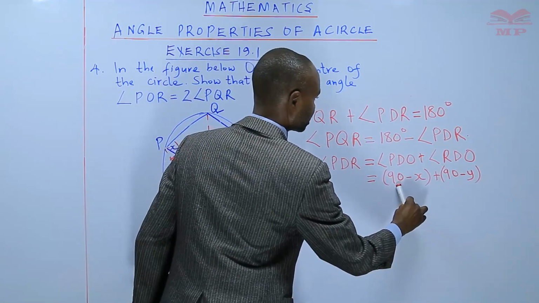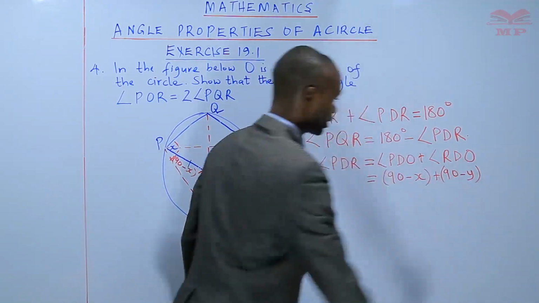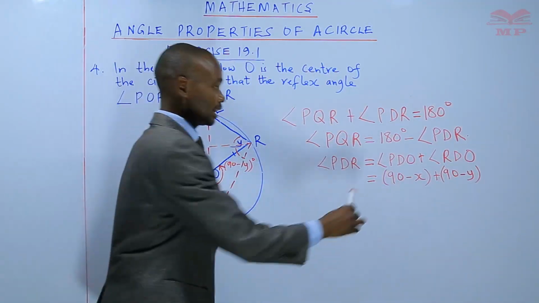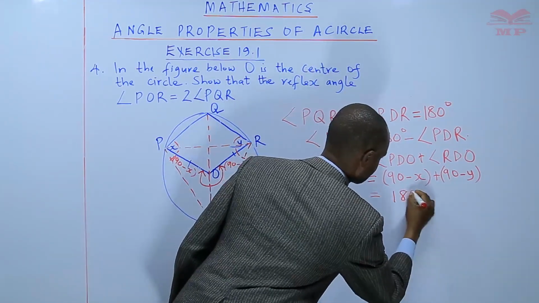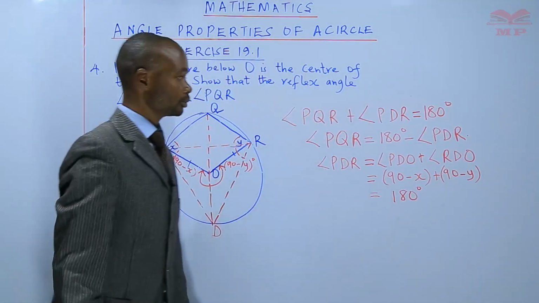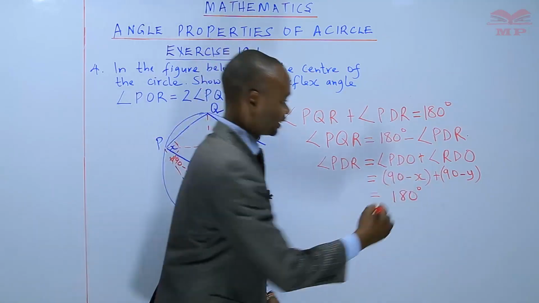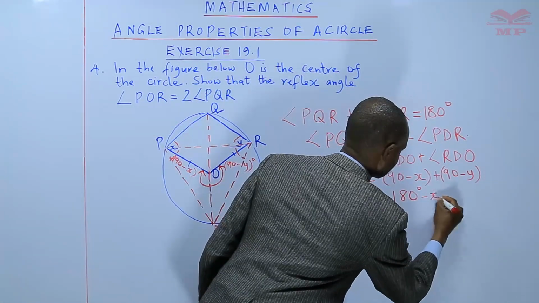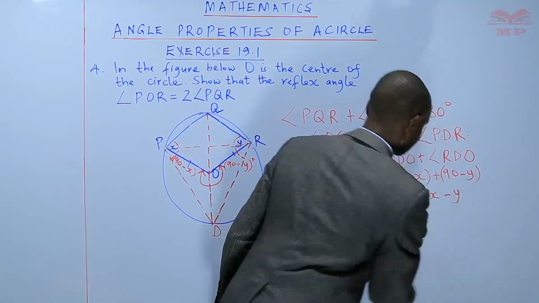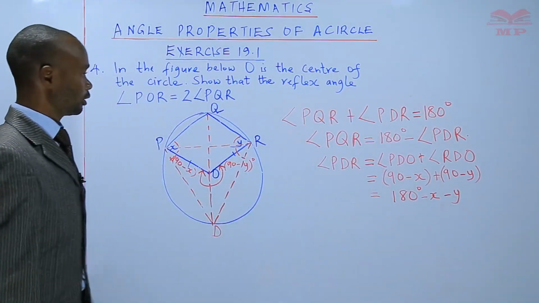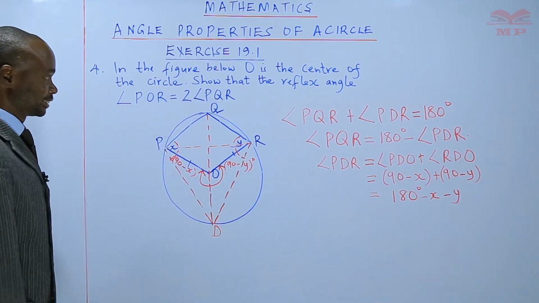Start with this 90 plus 90, what do you get? You'll get 180 degrees. Then we have minus x minus y. That is the value of angle PDR.